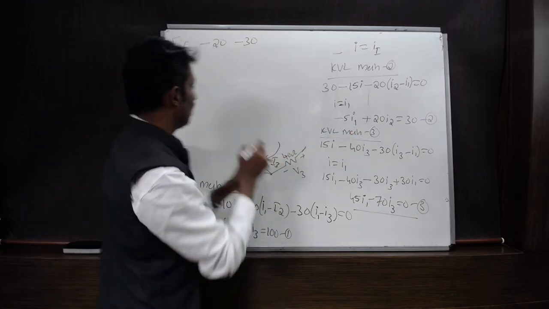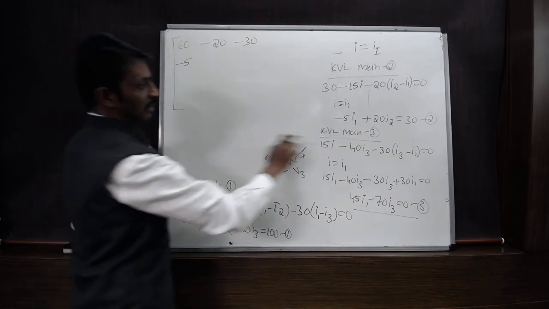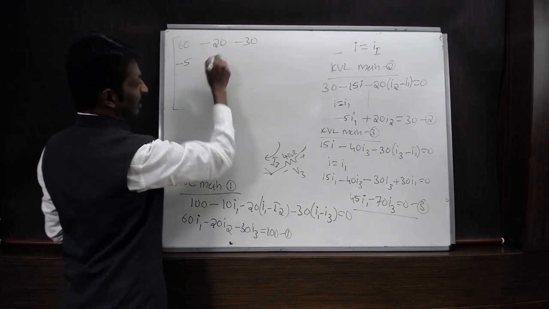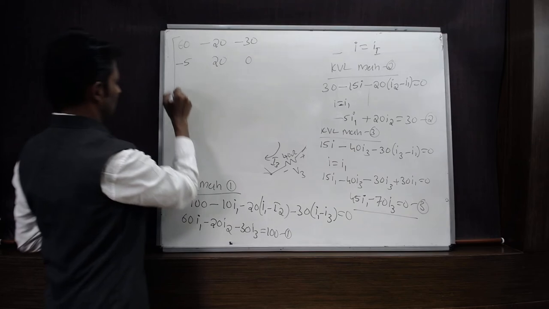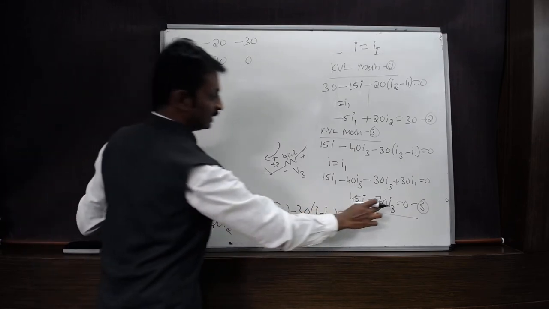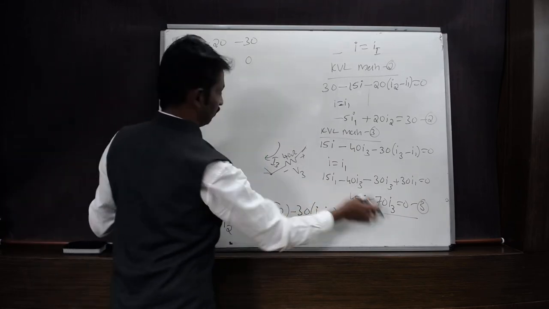From equation number 2, we have minus 5 and I2 is 20, and there is no I3 term, so let us make it 0. From equation number 3, we have 45, there is no I2 term, so 0, and minus 70.